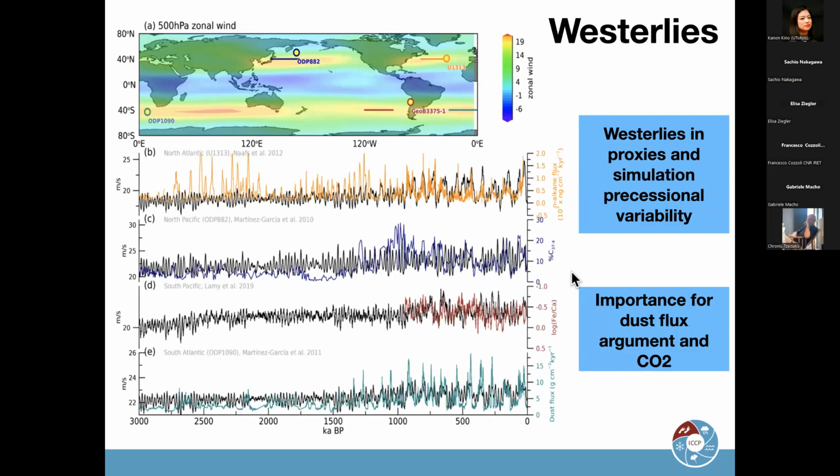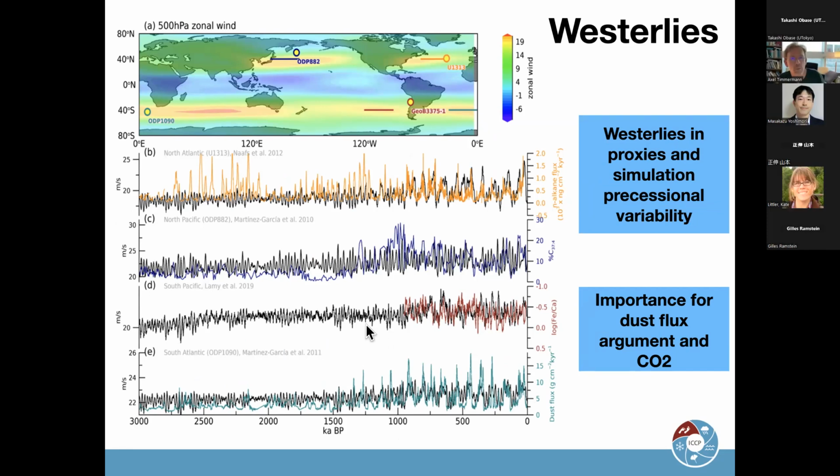Okay, westerlies is an interesting one. There is big discussion whether westerlies play a role in driving atmospheric CO2 outgassing from the deep Southern Ocean. And there are several proxy records that could respond to westerlies in the North Atlantic, South Pacific, and South Atlantic. One of the interesting features is, basically all the way to 1 million years, these proxies quite nicely agree with our model simulation.